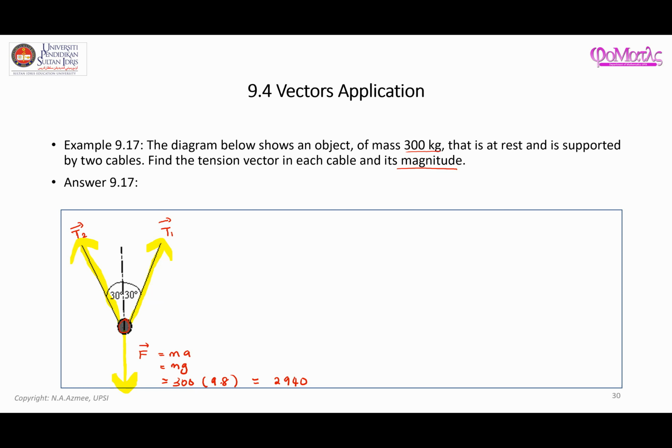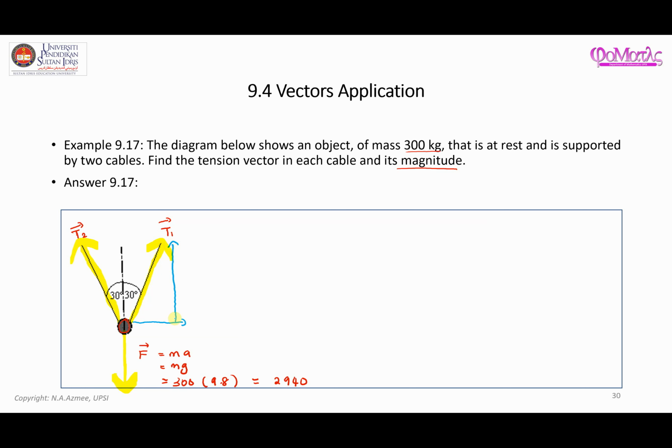Next we can start off by finding the components of the first vector, the x component and the y component. If you look at this vector and its direction, you can clearly see that the x component is going in this direction and the y component is going in this direction.